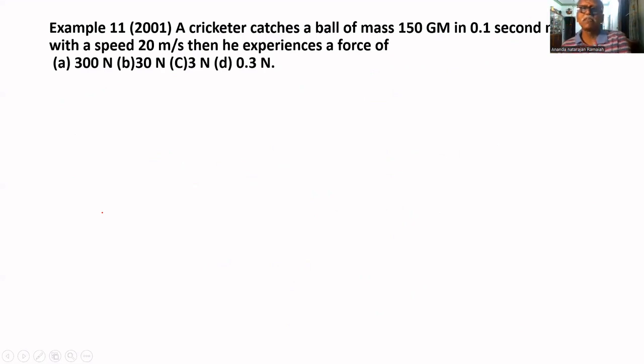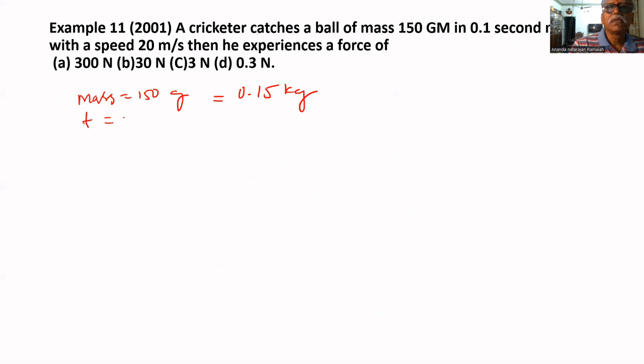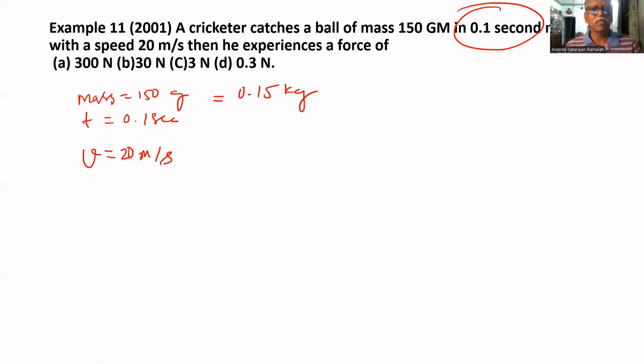A cricketer catches a ball of mass 150 gram, that is 0.15 kg. He catches it in 0.1 second, moving at a speed of 20 meters per second.